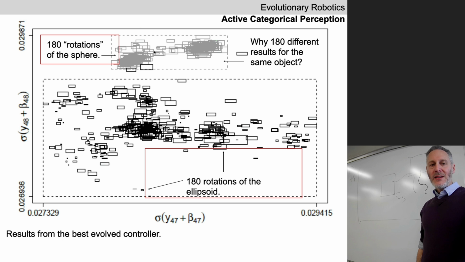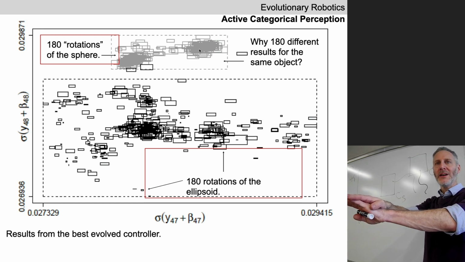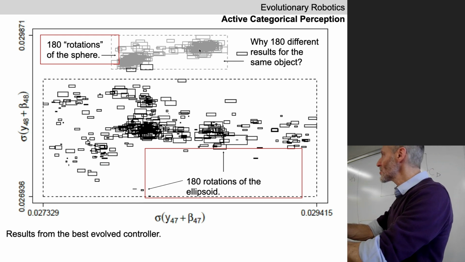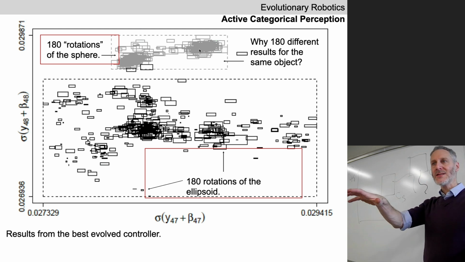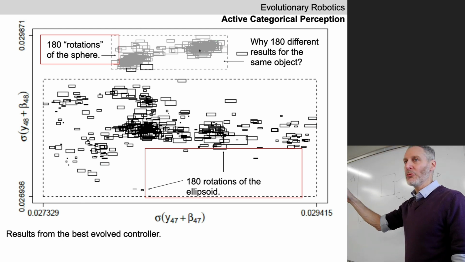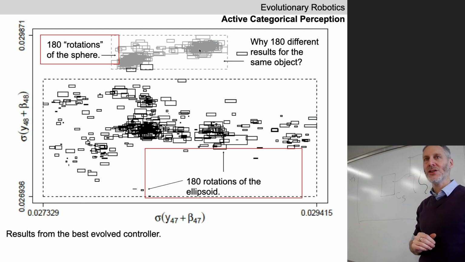I mentioned that in the case of these 180 spheres, the sphere is always placed in exactly the same place under the robot's palm, but not all 180 gray boxes are right on top of one another. I neglected to mention one detail, which is they put a little bit of noise on the robot's sensors when the robot is moving. Roboticists know that real machines in the real world never perform the exact same action twice.